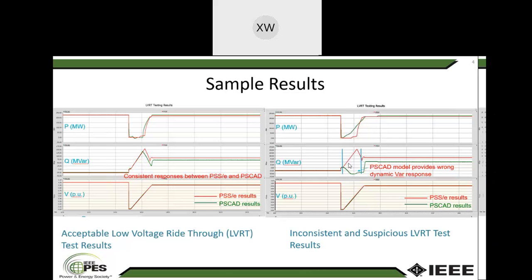On the right-hand side, the PSSE model showed an acceptable response during the LVRT period, but the PSCAD model showed a wrong dynamic VAR response over the same time period. In this case, we need to contact the resource owner to update the PSCAD model.